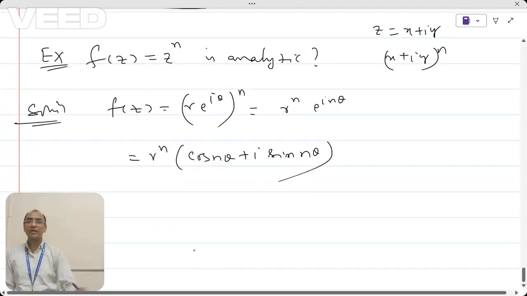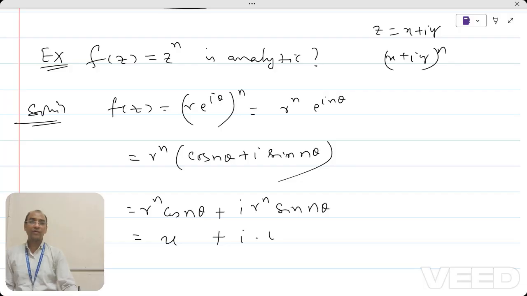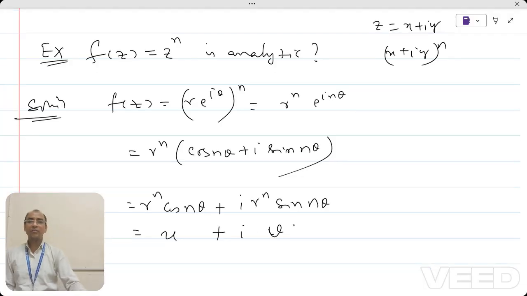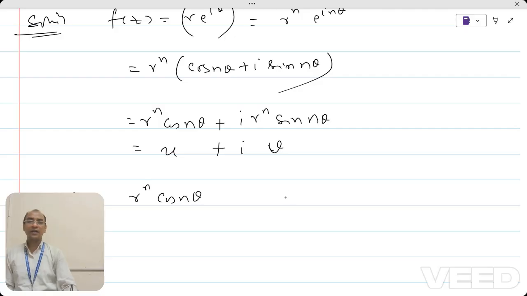So from here we can write r^n cos n theta plus i into r^n sin n theta. This will be equal to u plus i v. So what is my u? u will be nothing but r to the power n cos n theta, and my v will be nothing but r to the power n sin n theta.